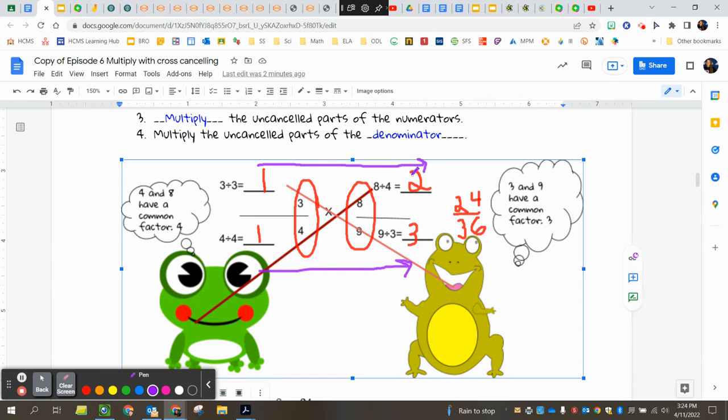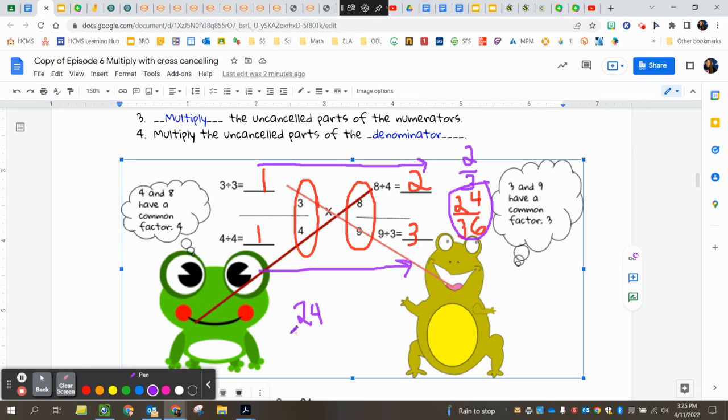Multiply across, 1 times 2, 2. 1 times 3, 3. And if we found the common factor for 24/36, we would see that it will reduce down to 2/3 because 12 is the common factor. So 2/3 is what we got after cross canceling, nice numbers.